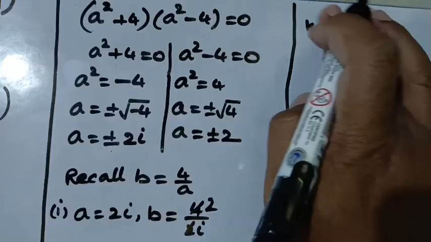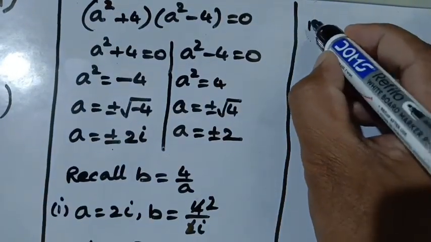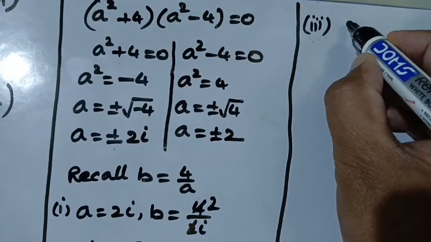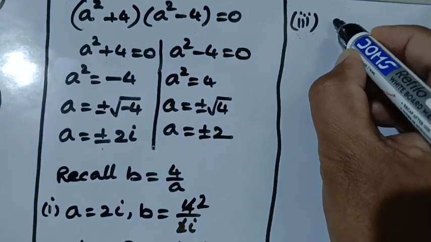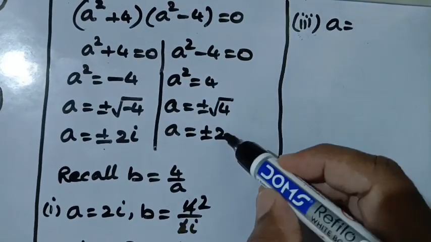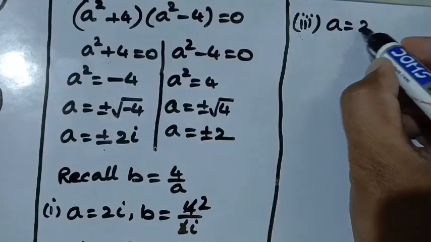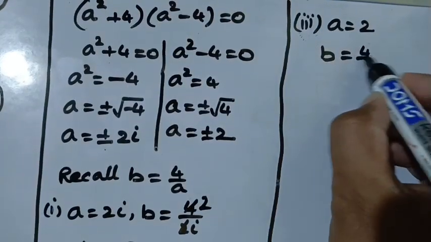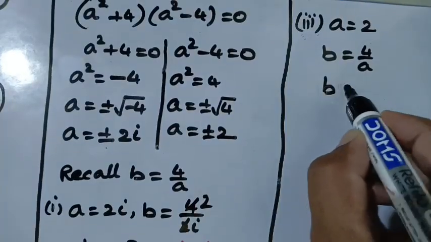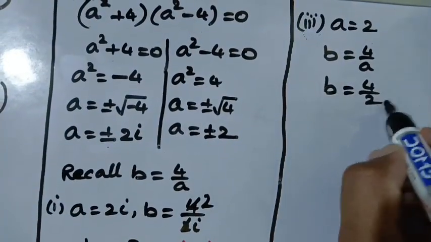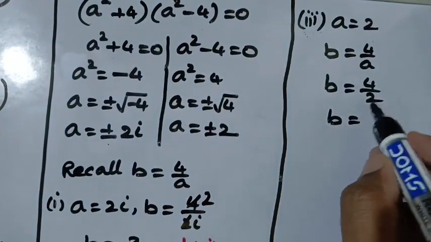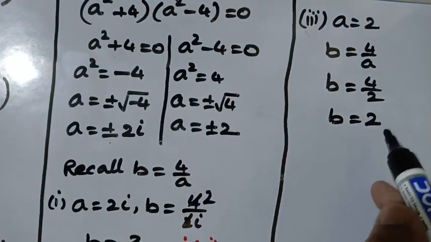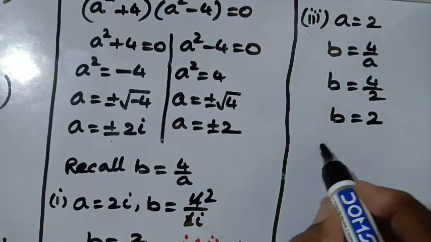To get k3, first of all let me write case 3. In this case 3, what I have to take is the value of a first. So a is equal to plus 2 and minus 2 we take. When we take a is equal to 2, then b is actually 4 by a. So b is equal to 4 by 2. Then b is equal to, cancelling by 2, we get 2.